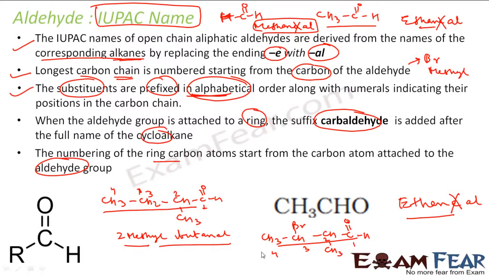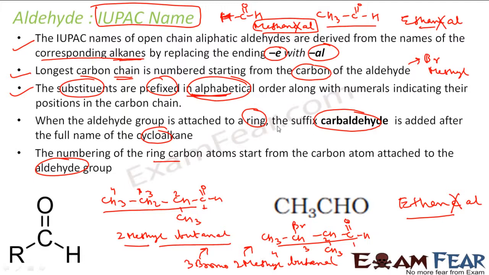A, B comes first. So I'll first write 3-bromo, and then 2-methyl, and then it is the same thing, butanal. So the naming is not based on this number 2 or 3. The naming is based on these methyl group, bromo group, and this is all alphabetical order.